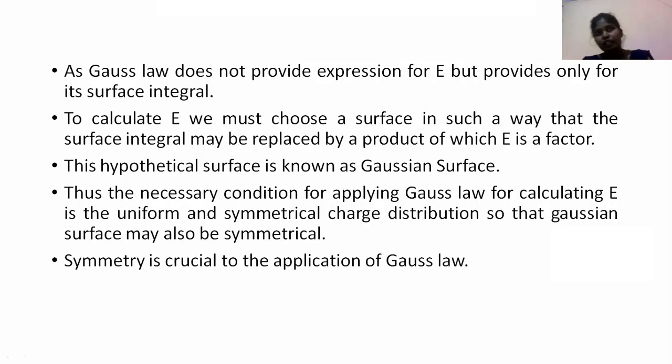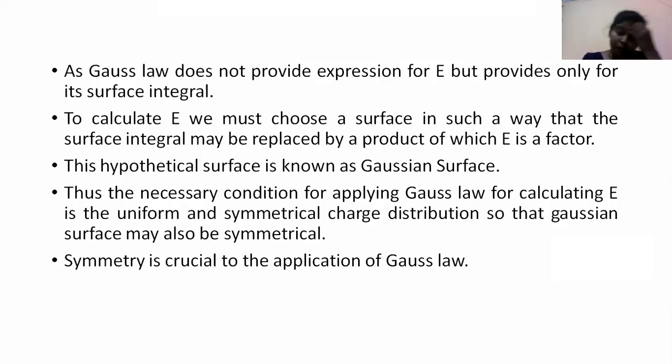If you look at the charge, whichever you're going to consider, from some point it should look symmetrical. Symmetrical in the sense that if you look from both sides, it should be the same. So symmetry is crucial to the application of Gauss, right?